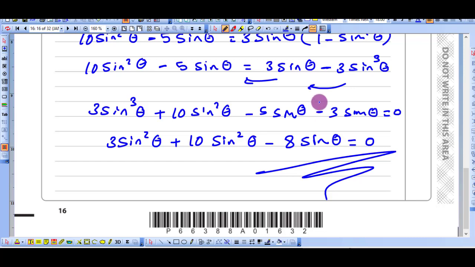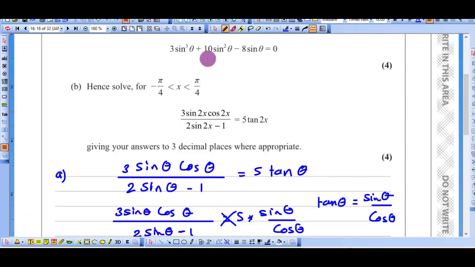Let us go ahead to another question. Hence, solve for x bigger than minus pi over 4 and less than pi over 4, 3 sine squared x cosine 2x divided by sine 2x minus 1 equal to 5 sine 2x. Give your answer to 3 decimal places.